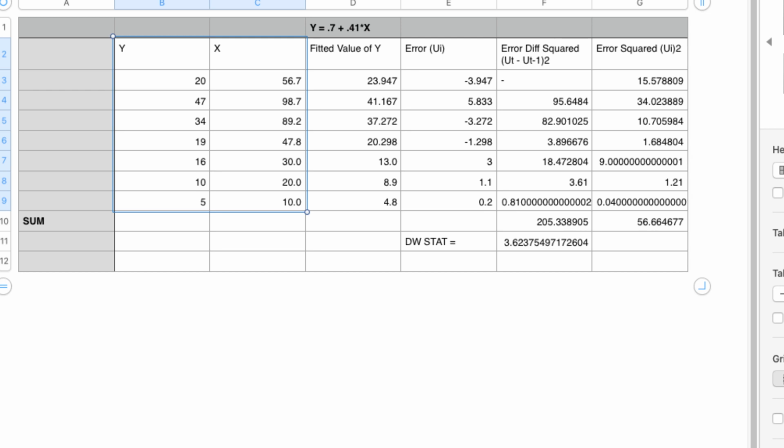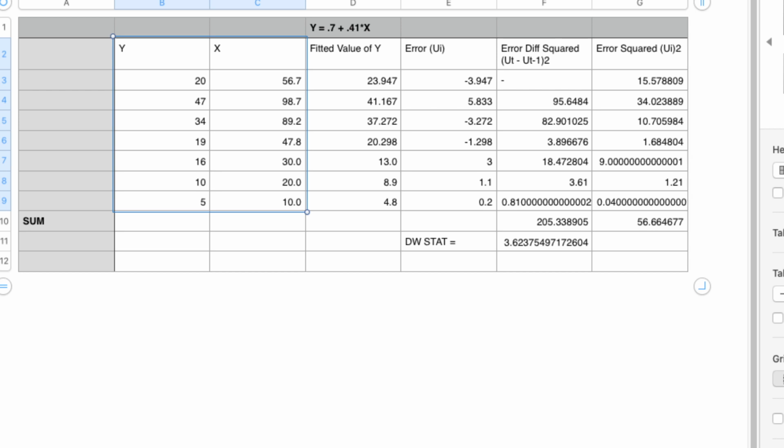For the next term, if we put x equal to 98.7, the fitted value of y is going to be 41.16, whereas the actual value of y is 47. Similarly, for the next value the fitted value of y is 37.2, whereas the actual value is 34. So this way we get the fitted values of y from the equation, whereas the actual y is given.